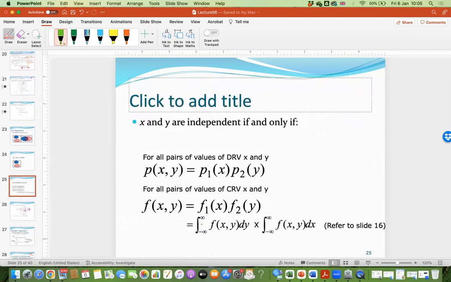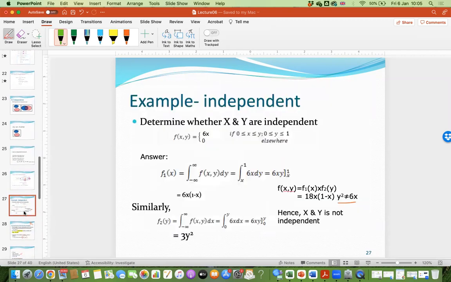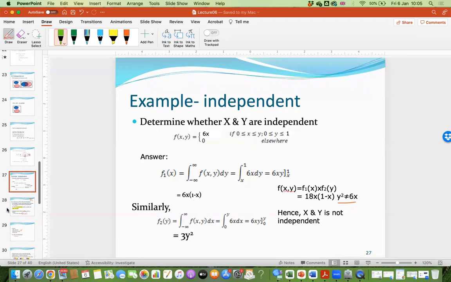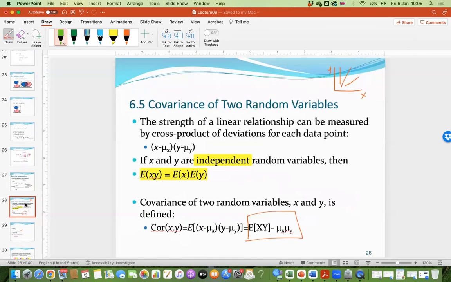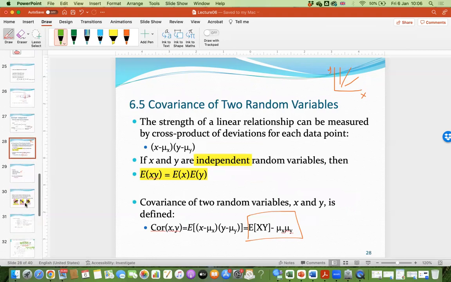For the CRV, we are using the marginal probabilities multiplied together to check whether they are independent or not. There are some examples in slides 27 and 26. Check it out.